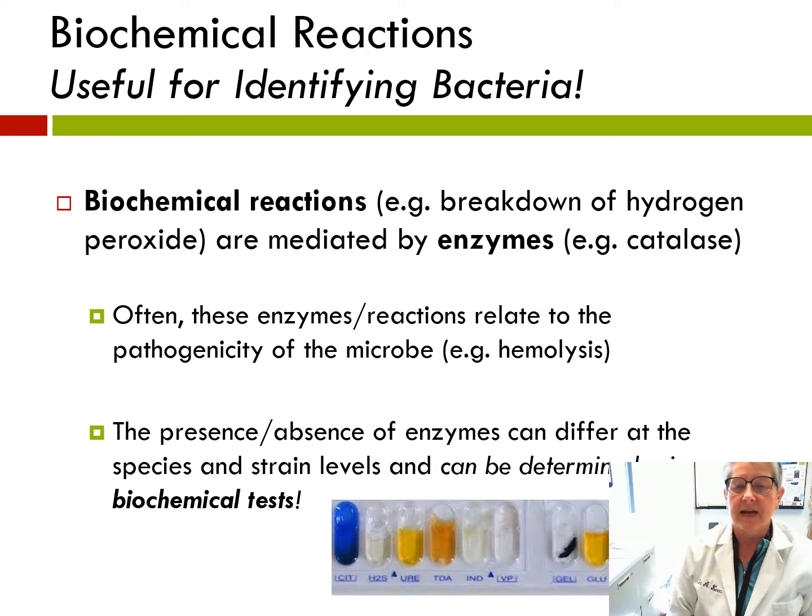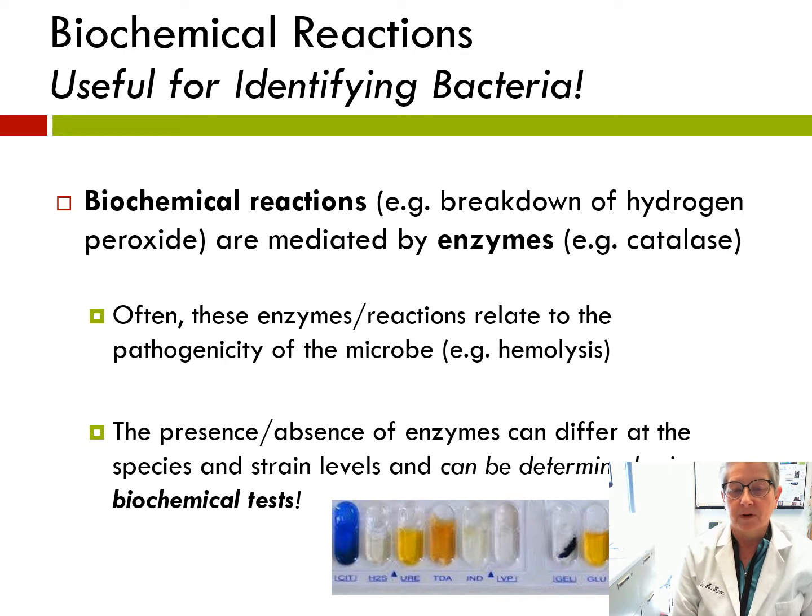And some of these reactions relate to the pathogenicity of the microbe. For instance, if a pathogen can form hemolysis, that is, break down red blood cells, it can be more pathogenic, make you sicker. If a bacteria has DNase activity, produces DNase that can break down DNA, again, that's a virulence factor that can make this microbe more pathogenic.